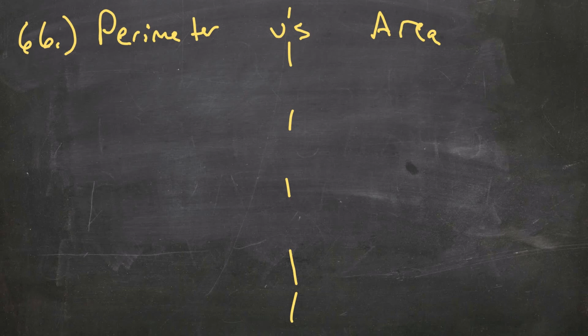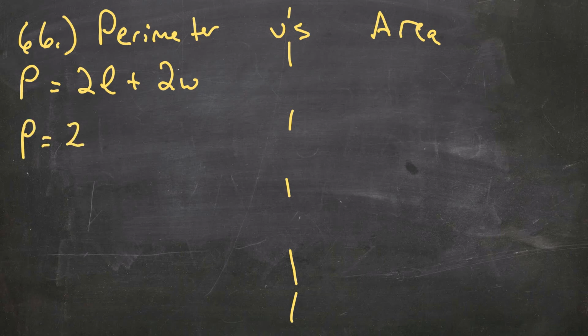All right, 66, we're dealing with a rectangle, and we're talking about perimeter and area. Remember, perimeter is equal to 2 times the length plus 2 times the width. So the length is x cubed, so I put P equals 2 times x cubed plus 2 times 2x to the 2/3.